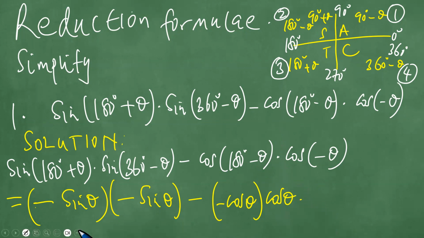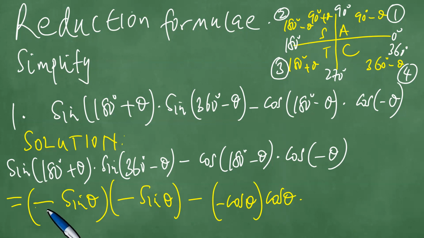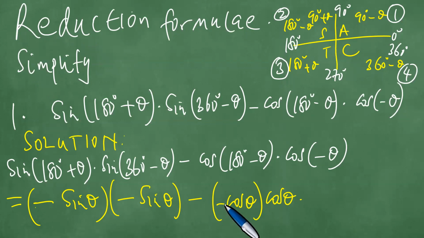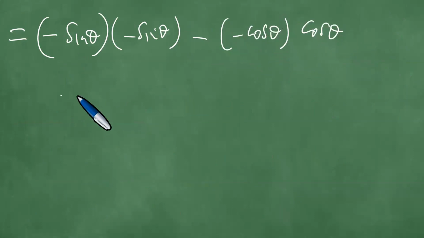Let's continue. So what you have here is minus sine theta into minus sine theta. Then you have minus into minus cosine theta, cosine theta.